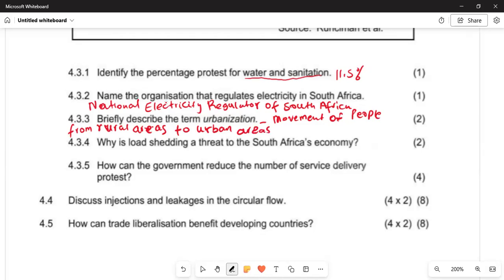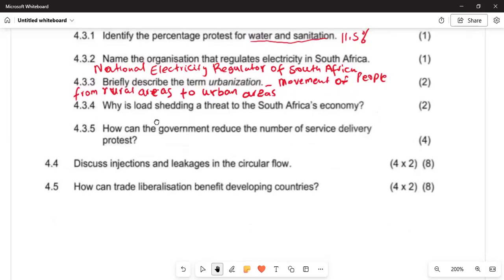So that is that. Now we are moving on. Why is load shedding a threat to the South African economy? That is 4.3.4.